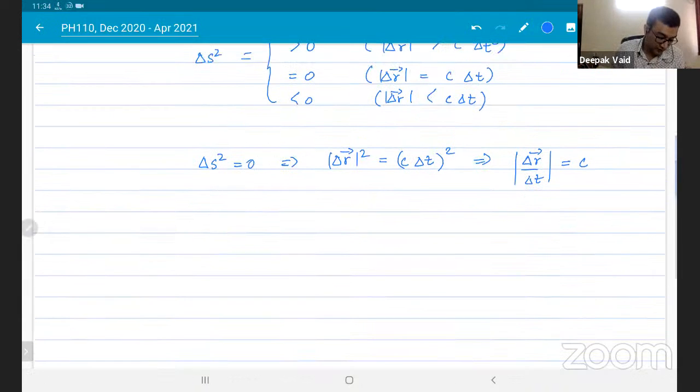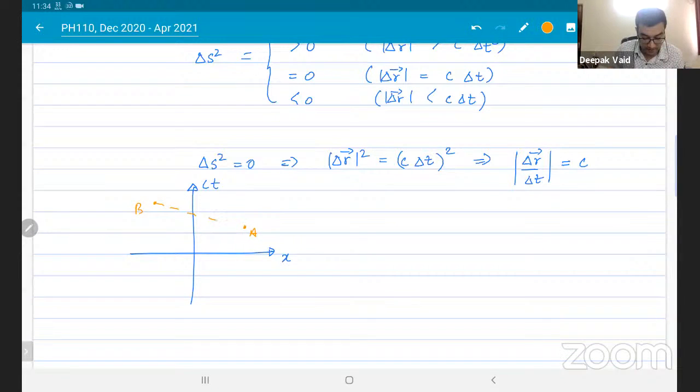So if I draw my space-time diagram, I have my space coordinate and my time coordinate. And now I have two points, A and B, right? And what am I doing?